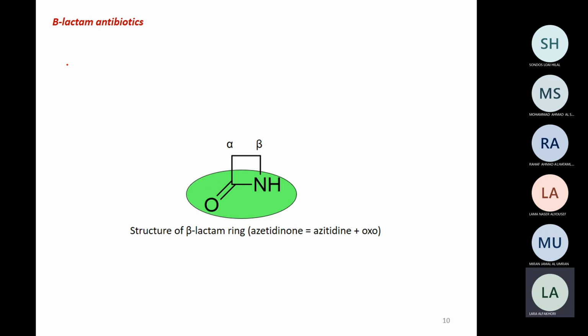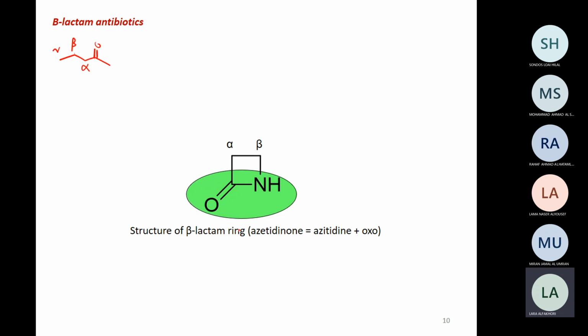Now you all know in organic chemistry, for any carbonyl, regardless of whether it is an aldehyde, ketone, or ester, no matter what that carbonyl derivative is, the carbon that is adjacent to the carbonyl is designated alpha. The one that is, let's say, next to it is beta, gamma, delta, and so on.